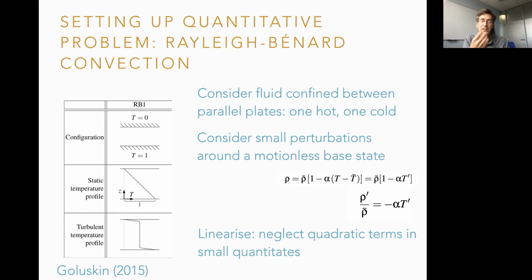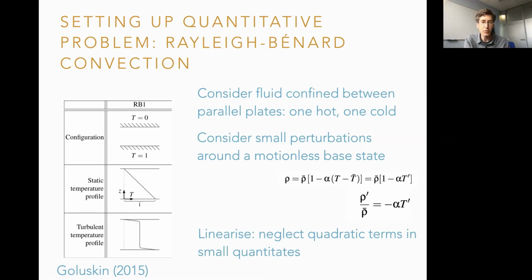To analyze that semi-quantitatively, let's imagine you could set it up in this way. We imagine small perturbations around some motionless base state. We'll assume a really simple equation of state, the Boussinesq approximation here. And then we might develop the linearized equations of motion and the linearized equations governing the evolution of temperature fluctuations.